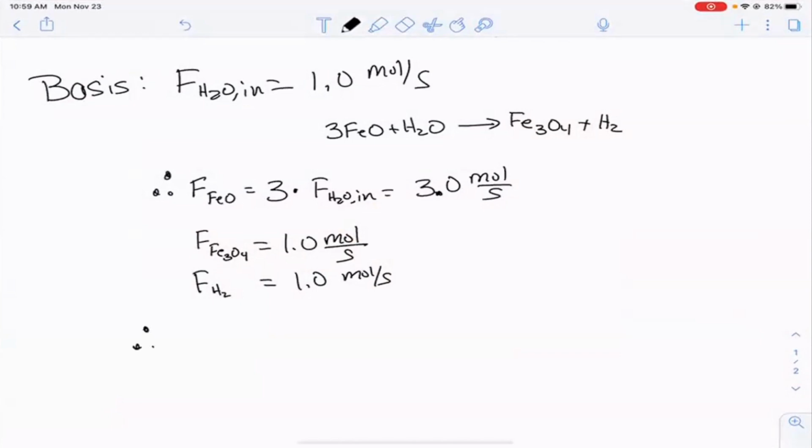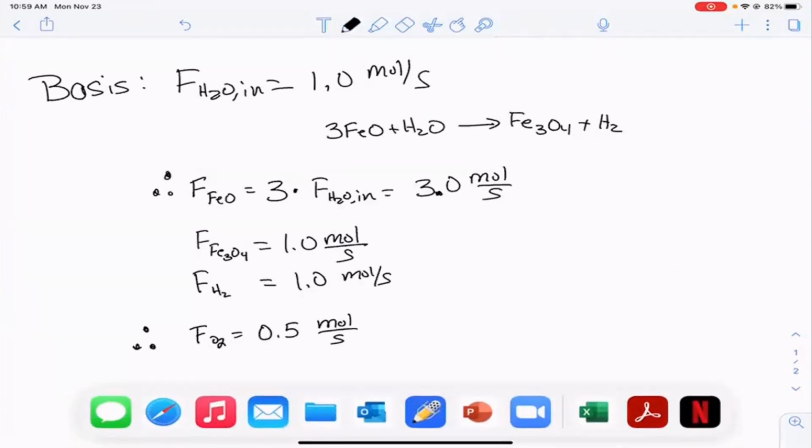And so because of that, the flow rate of oxygen is equal to 0.5 moles per second. And of course, this also makes sense because we know the overall process is just going to split water. The flow rate of water in should be equal to the flow rate of hydrogen, and that should be equal to 2 times the flow rate of oxygen, just given the reaction stoichiometry. So if we looked at the overall reaction, water gives us hydrogen plus 1/2 O2. Okay, so hopefully this all makes sense in the context of the reaction from your perspective.